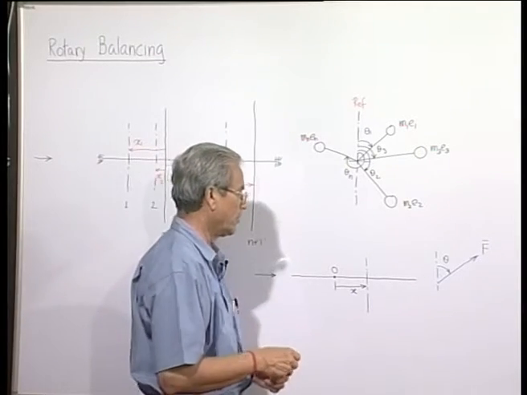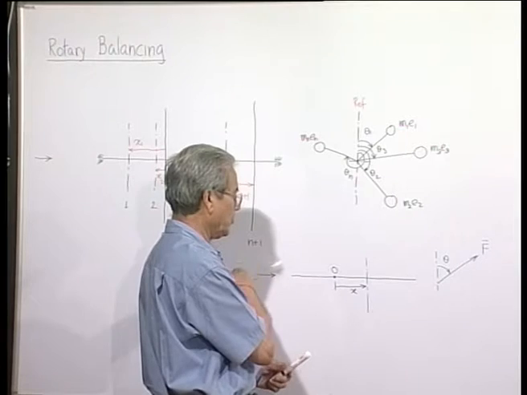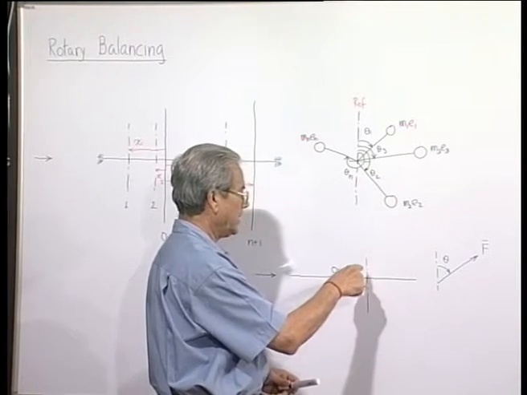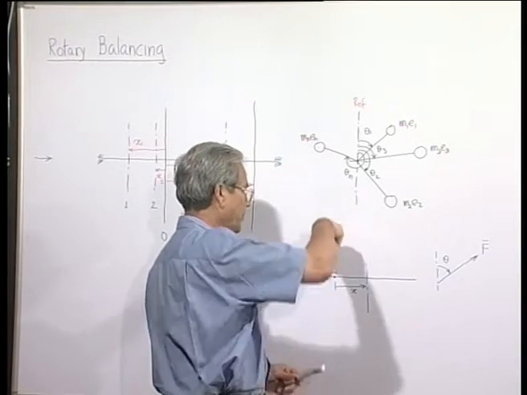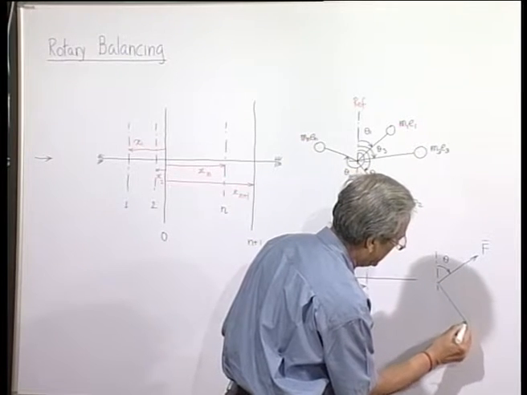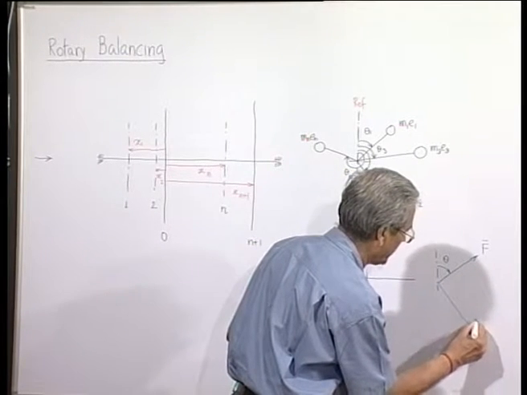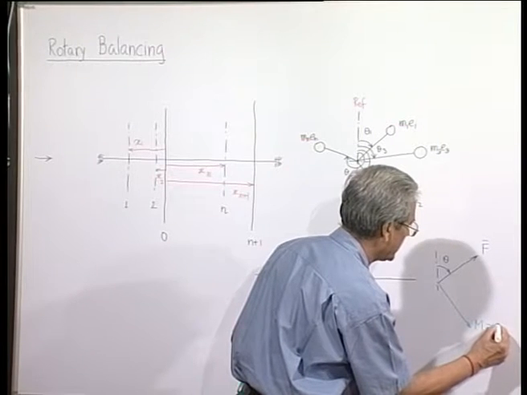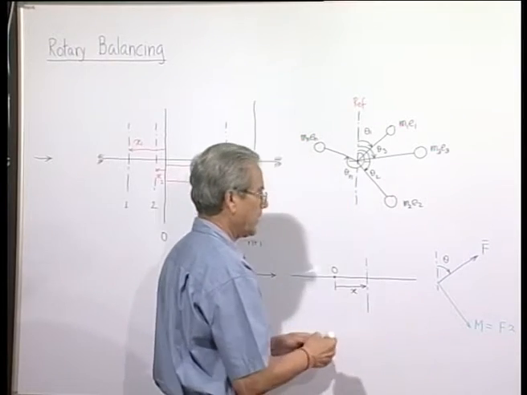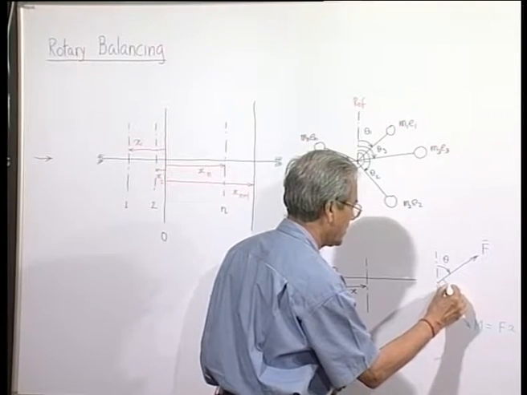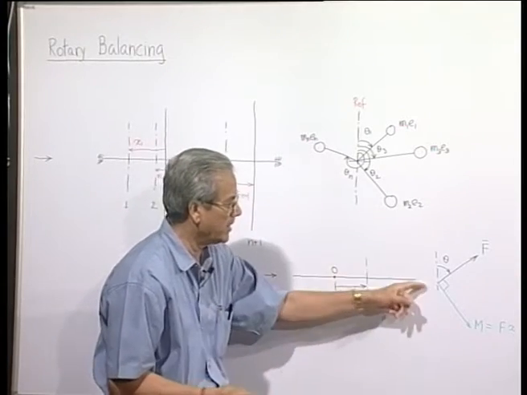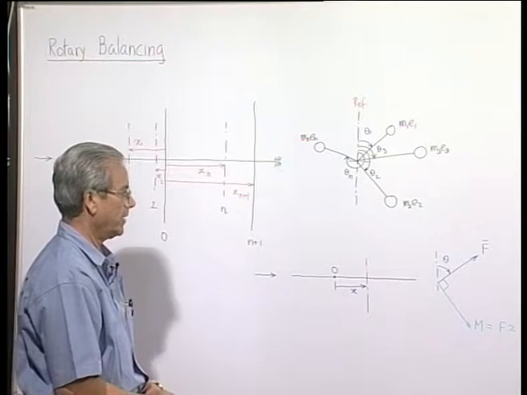So, following that rule, in this view from this direction, the moment vector will be, if it is in this direction, then moment vector will be, you have to stretch your imagination a little bit, and this will be the moment vector which magnitude is nothing but F into x, but it will be at right angles and in this sense, in a clockwise sense, leading the force vector.